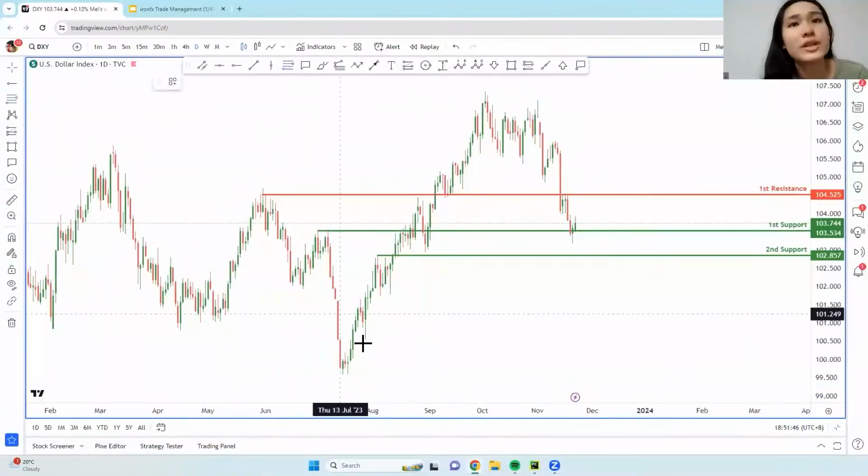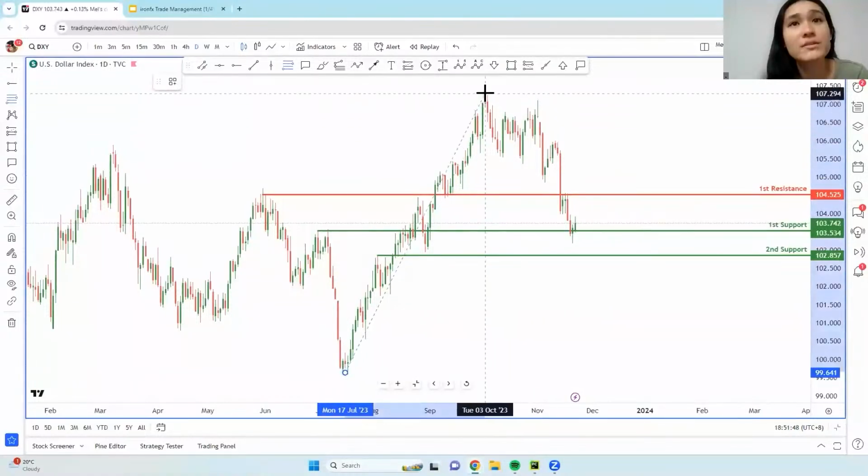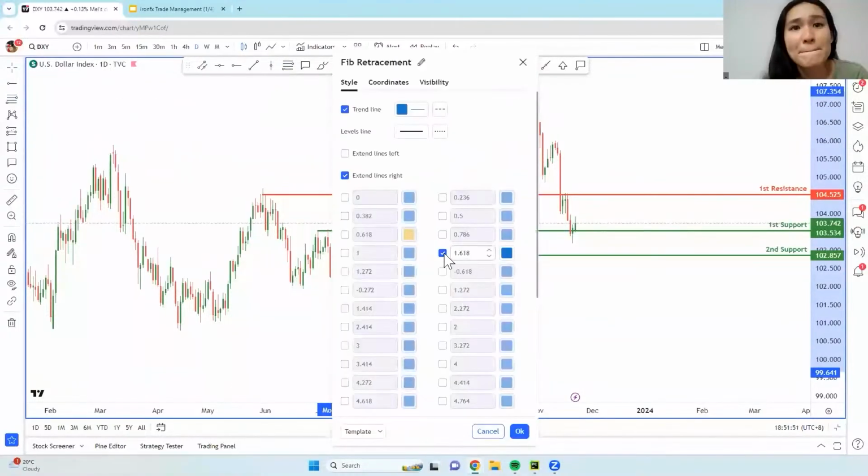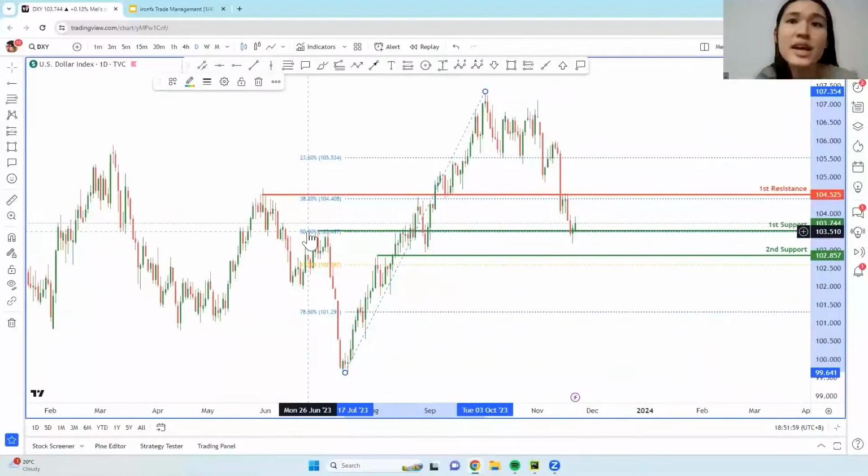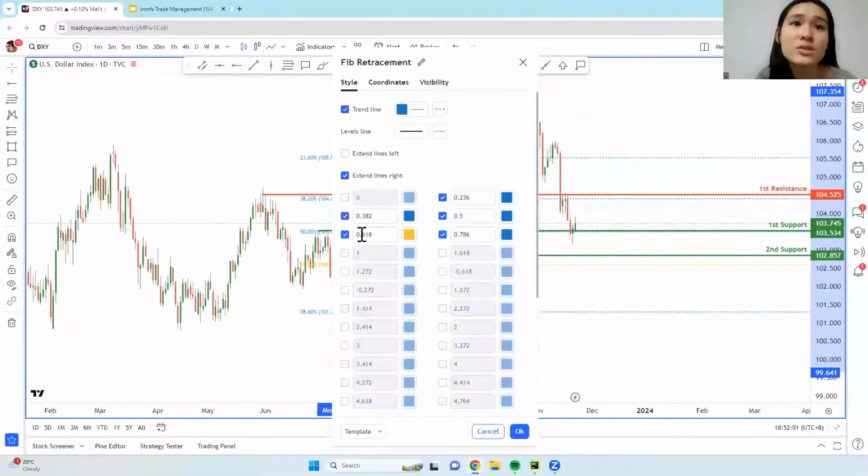Now let's go in with some Fibonacci levels again. I see price testing our 50% level here, so I'm just gonna keep our 50%.